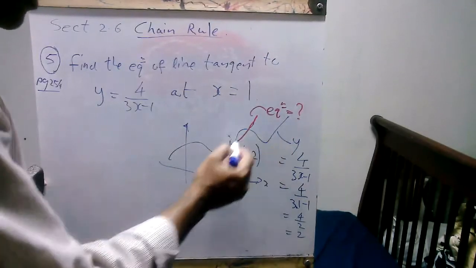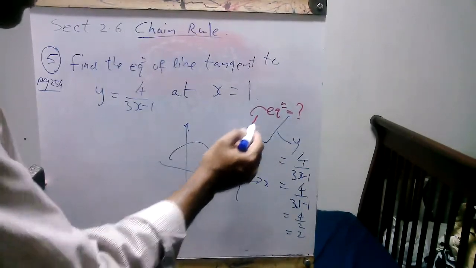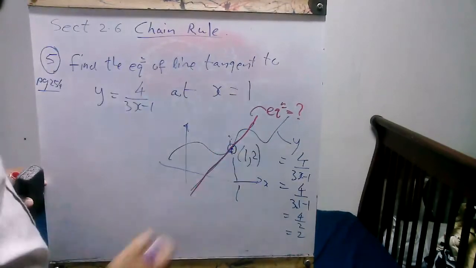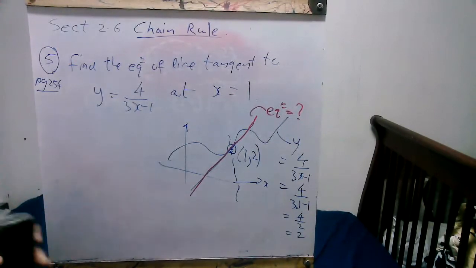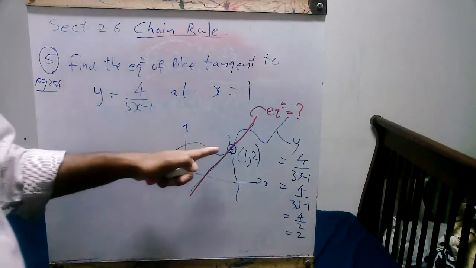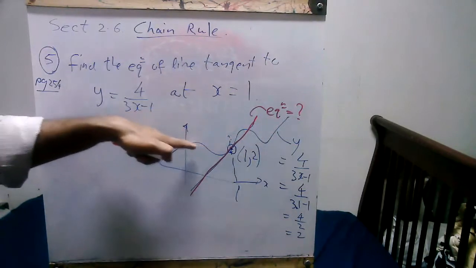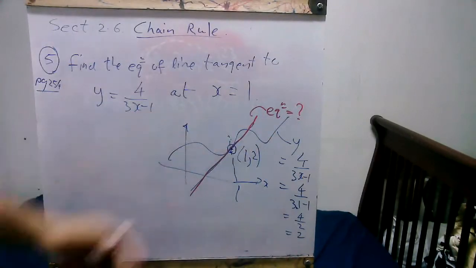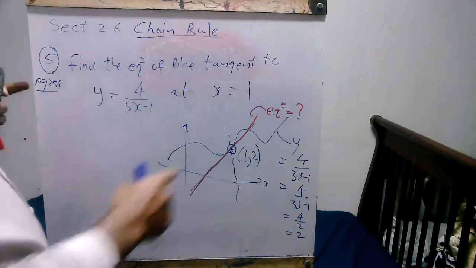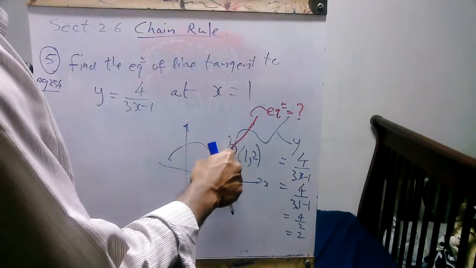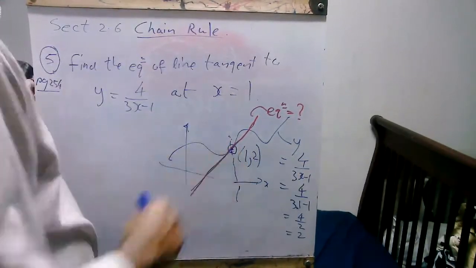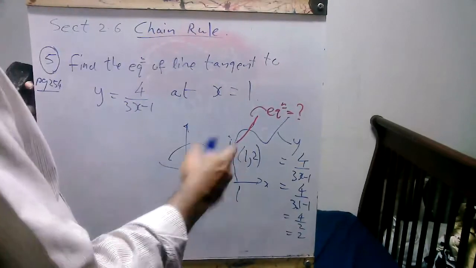Derivative of y at this point is the same as the slope of this red line, right? So we find the general slope of this curve y, and then to find the slope at this specific point, we substitute this coordinate.